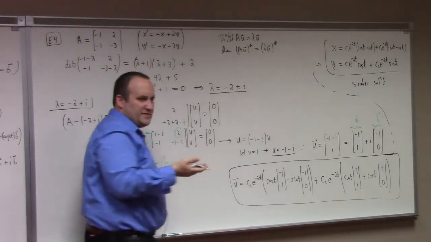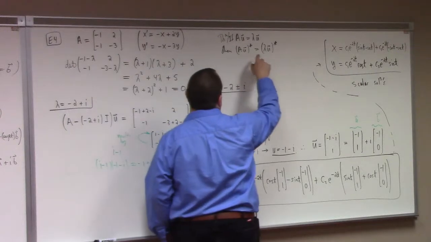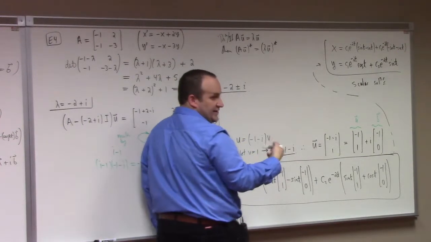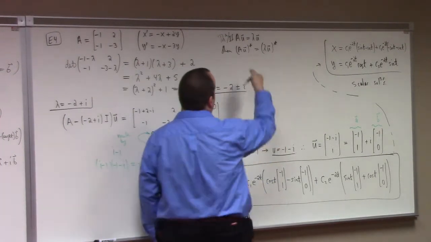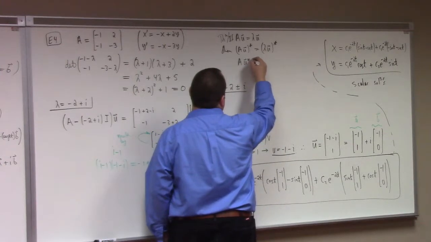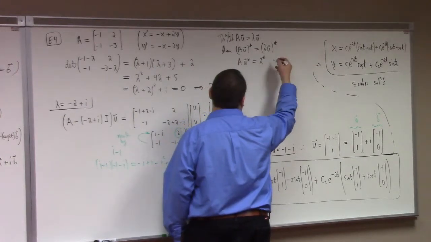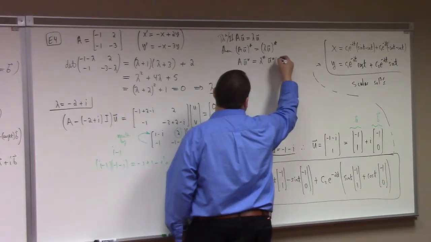Depending on what you read, complex conjugates are either stars or bars, right? So if A is real, then A conjugate is A again, right? It's a matrix of real numbers, so it's fixed under complex conjugation. And then that just gives you the complex conjugate of U equals the complex conjugate of the eigenvalue times U conjugate.